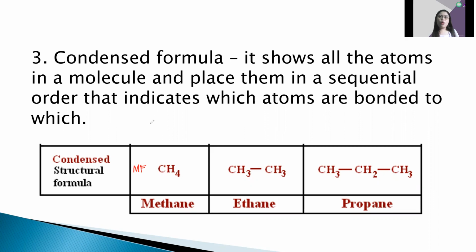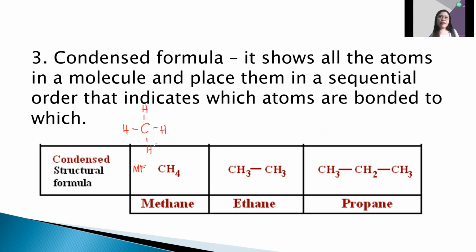Because if we are going to draw the structural formula, it should look like this. You have hydrogen, hydrogen, another hydrogen here, and then a hydrogen on the left side. So this is the structural formula of methane.